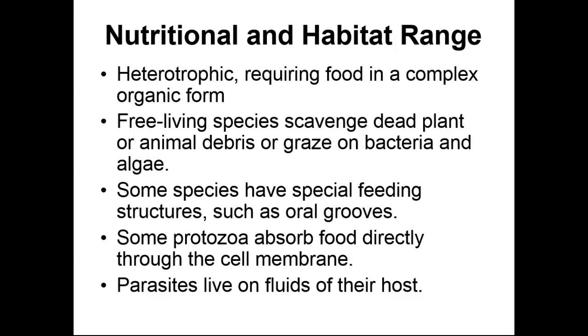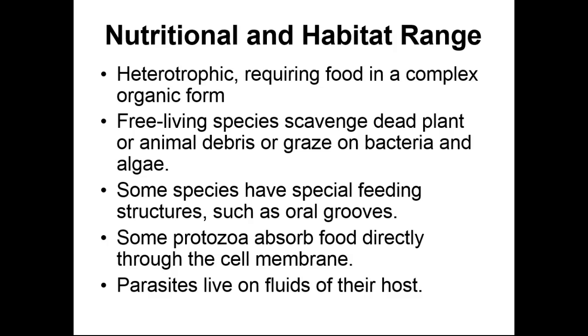The nutritional needs and the habitat range of protozoa vary greatly from species to species. Protozoa are heterotrophic, which means they need to eat food. They cannot make food. They are free living in their environment and will primarily live off of dead organic matter or occasionally on bacteria and algae. A select few species of protozoa will have feeding structures like oral grooves that help them to phagocytize food particles.